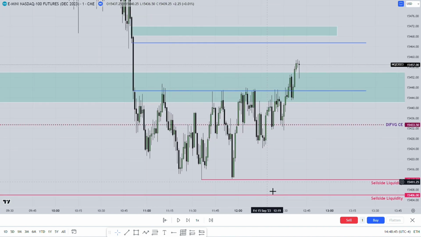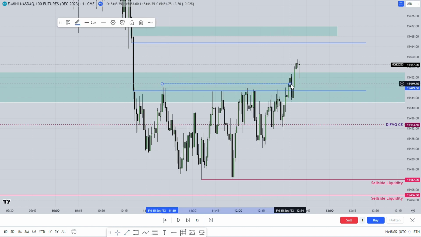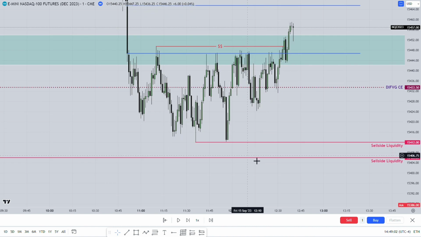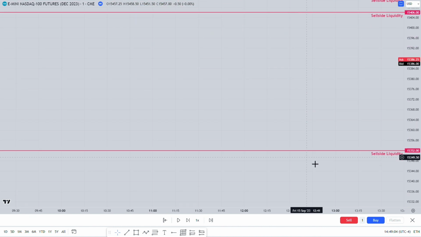What you have now is this equal low and these equal highs, which are relatively equal highs. And the sell side liquidity is also here, and the last one is here.